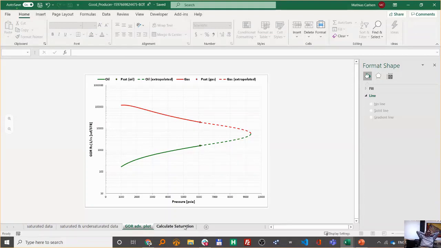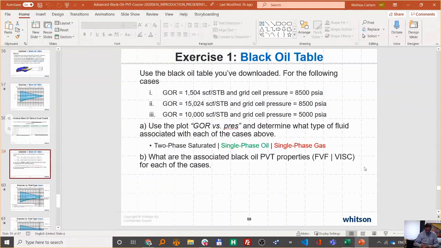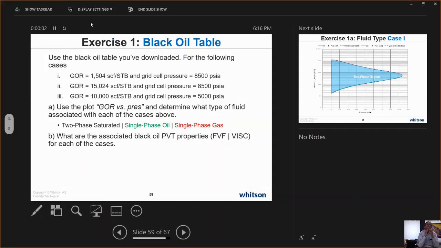And then we have a last sheet that we'll use for an example, just to calculate the oil and gas saturations in that grid cell, which we will find to be two-phase saturated. So hopefully you are all a little bit familiar with these 4 sheets.